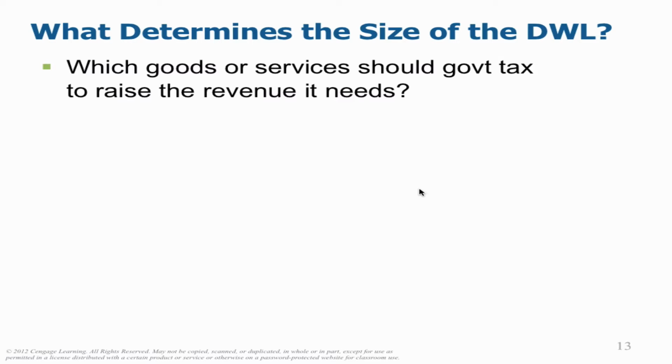All right. What goods or services should the government tax to raise the revenue they need? How does the government decide? Goods that are not really good, like cigarettes. Okay. Government does often decide to tax bads. Economically they're called bads: alcohol, tobacco.